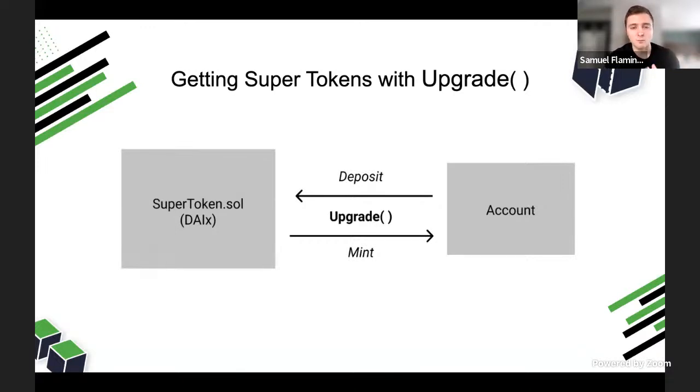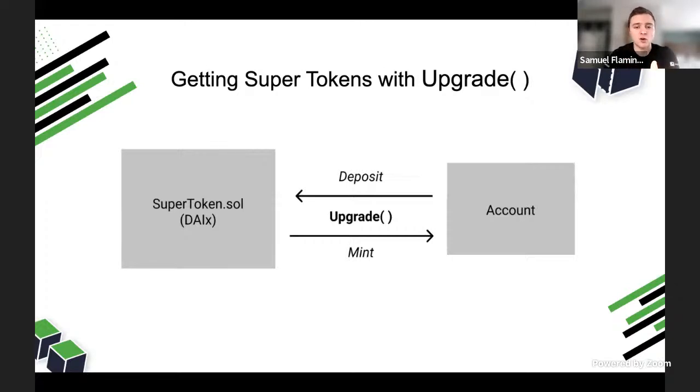And one big cornerstone of DeFi more broadly is interoperability. So we want to make sure that existing tokens that have been deployed as ERC-20s can also be used in Superfluid. We've deployed a wrapper contract, which will allow you to wrap existing ERC-20 assets as super tokens using what we call the upgrade function, and you can then unwrap them using a downgrade function.